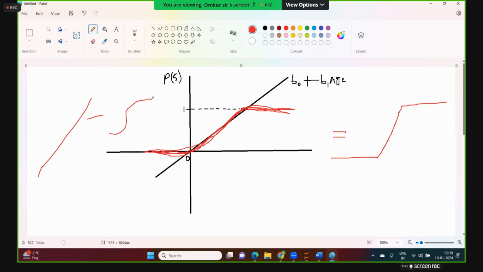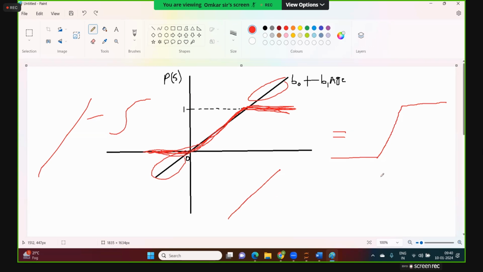We need to find the mathematics that converts this line into this line. Understood now? Because you know that probability ranges between 0 and 1, we are flooring values more than 1 to 1 and less than 0 to 0. So the equation will now be a kind of S curve like this. That is the idea.